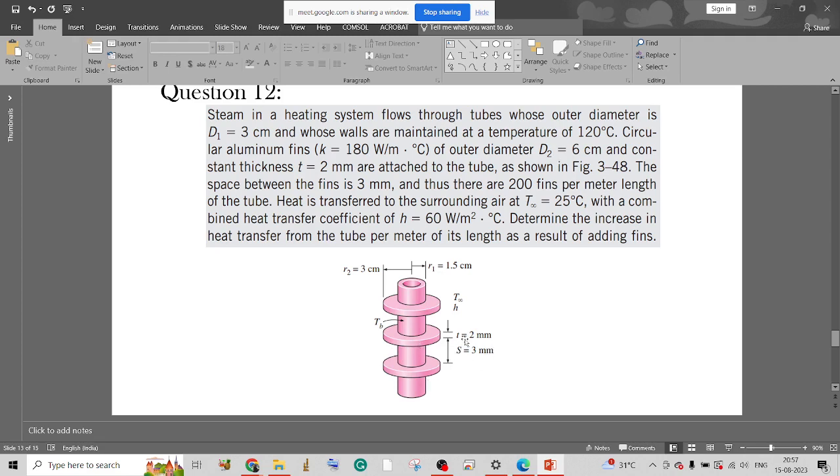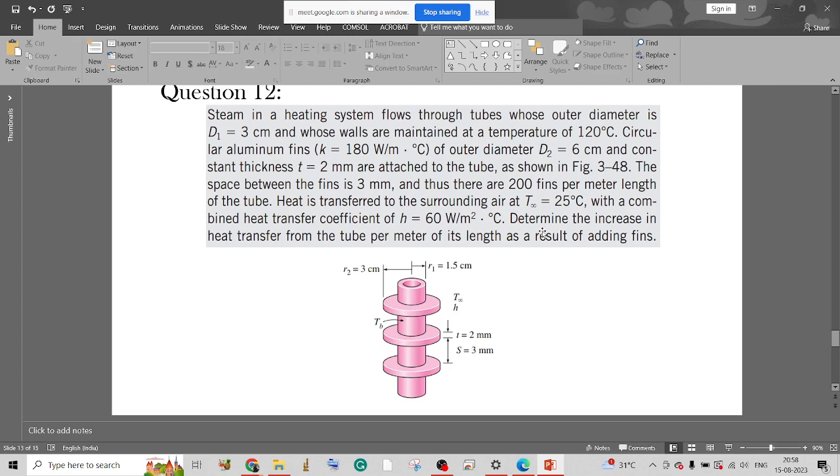That is the length. Now that into the same temperature difference, Tb minus T infinity, into the heat transfer coefficient, which will also be the same. That will give us the unfinned region, that is for this spacer. The addition of both, for the fin and for the unfinned region, into the total number of fins, 200 per meter, gives the total for the finned pipe. Minus the previous case where fins are not used, that will give us the total increase from the fins.